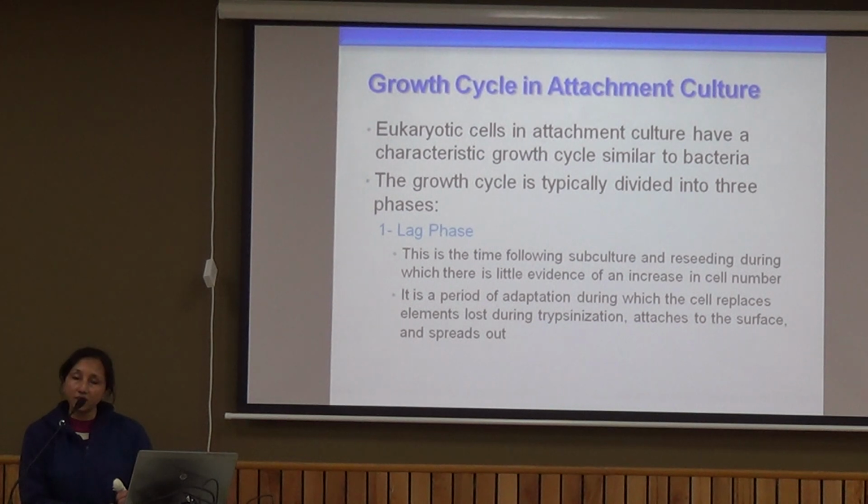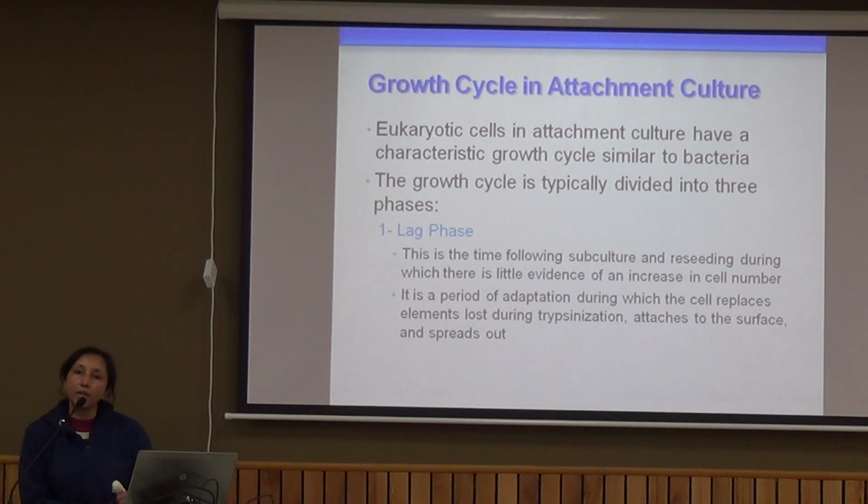When we pull out certain cells from their original places, like organs, since the cells are already acclimatized to surviving in their environment, and when we take them out and put them in an artificial environment in the laboratory, they take some time to adjust to the newly provided conditions, the artificial nutrients provided in the laboratory.